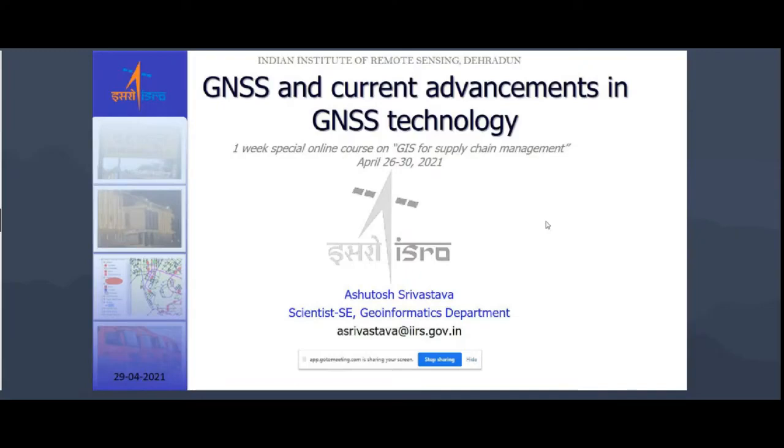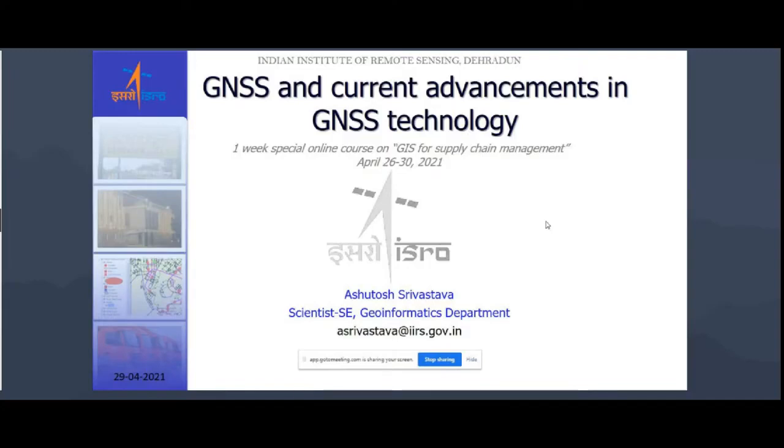When we get the coordinates from these constellations, they are very useful for our GIS analysis, and they also have applications in supply chain management. So we will see its applications.